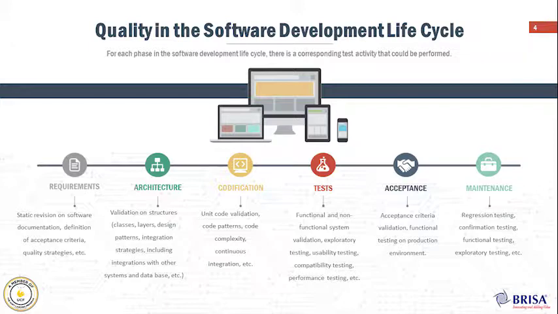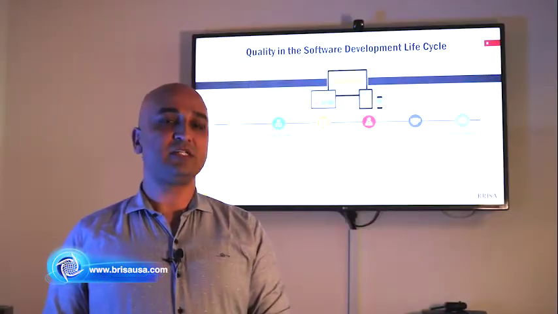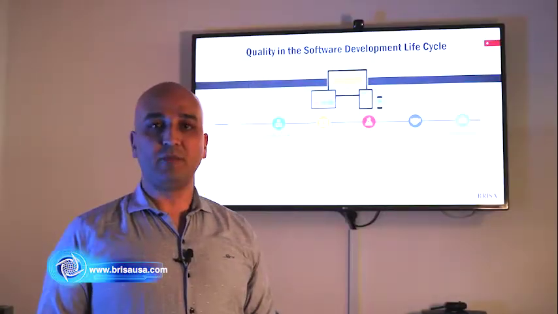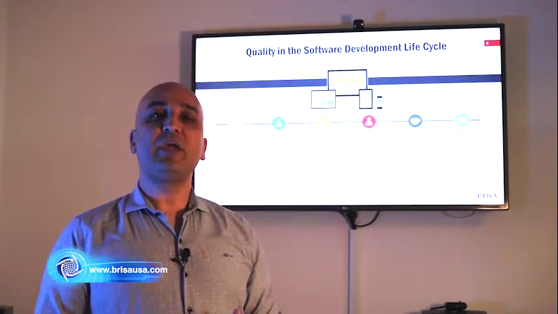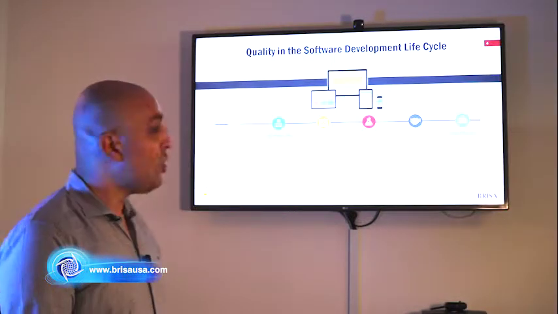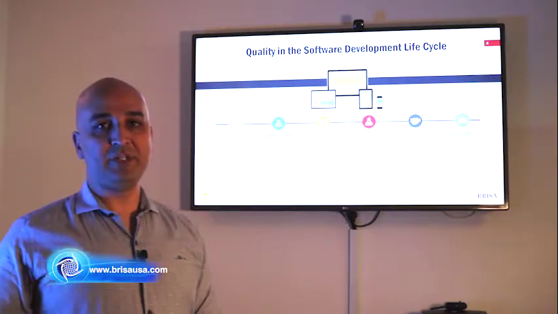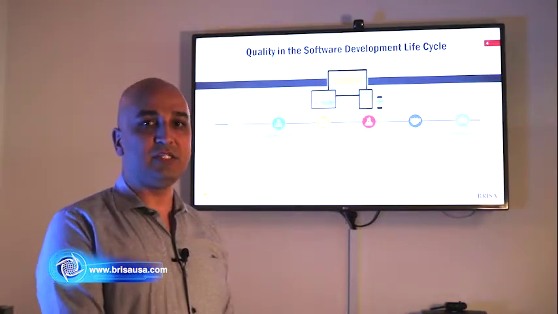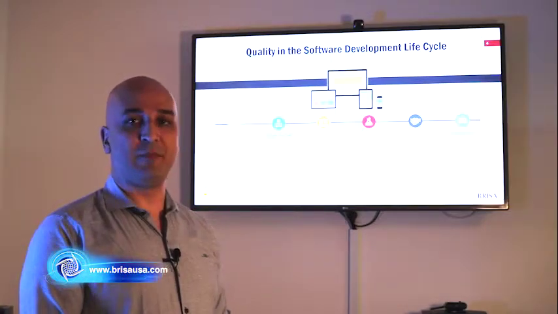If the requirements are not clear to the software developers and also to the testing team, there is a problem. So when we validate these requirements, we can already find many problems in the software. When the requirements are understood by the software development team and also by the testing team, we can move to the next stage of the software development life cycle.